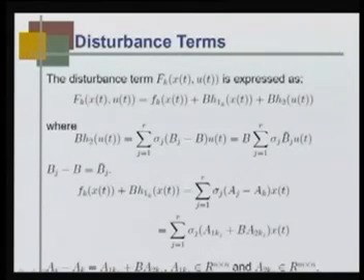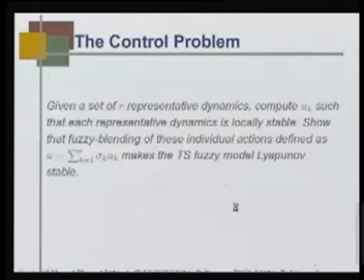All the approaches are the same, with only a little difference. Then the controller problem: given a set of R representative dynamics, compute K k such that each representative dynamics is locally stable, so that the fuzzy blending of these individual actions, defined as u, makes the T-S fuzzy model Lyapunov stable.